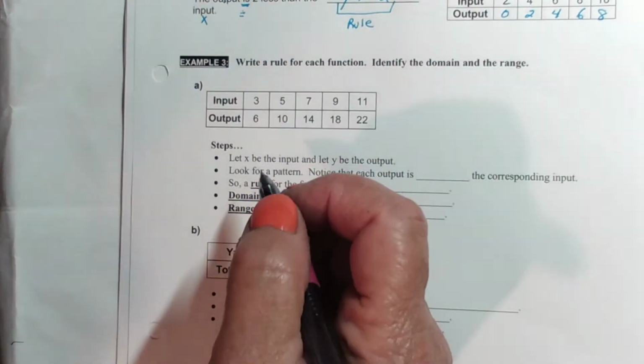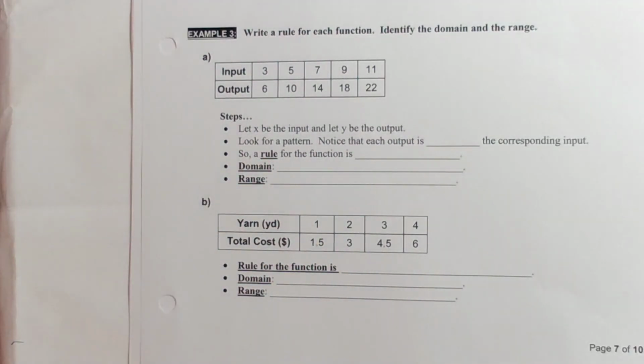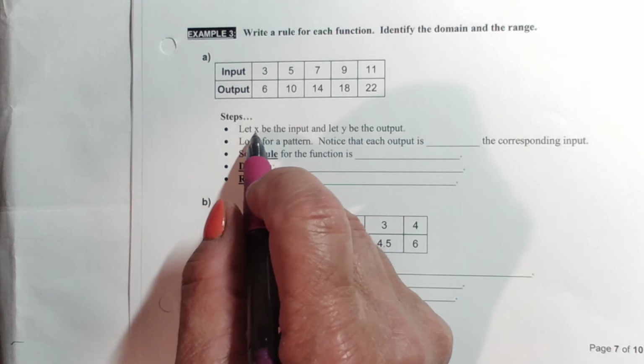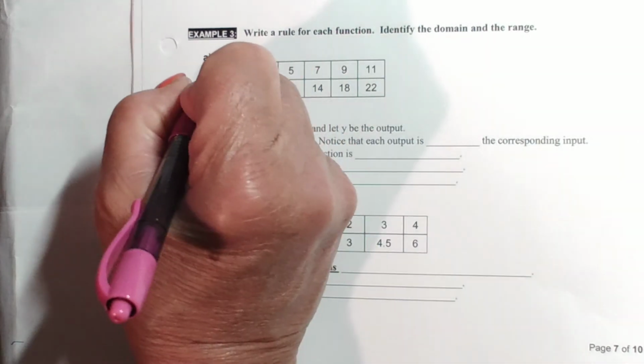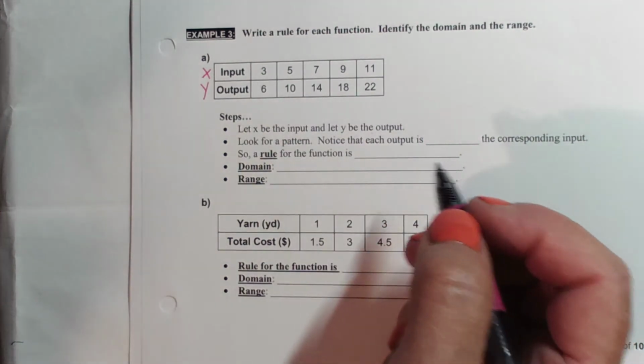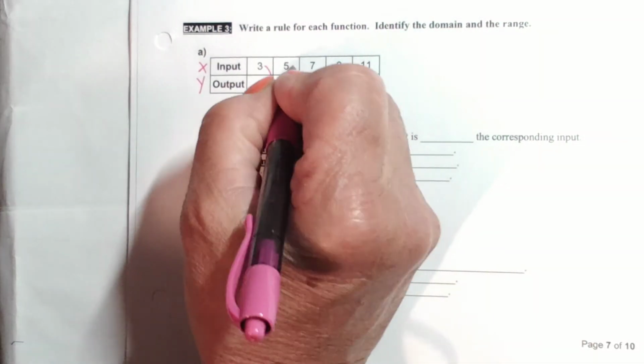Now, we're going to take it a little step further. We're going to let x be the inputs, y the outputs. We're going to look for a pattern, so we want to compare these.